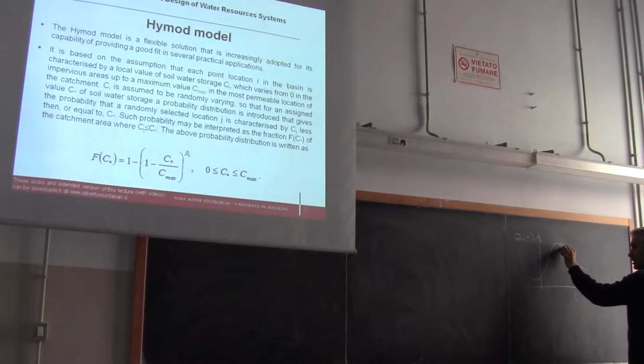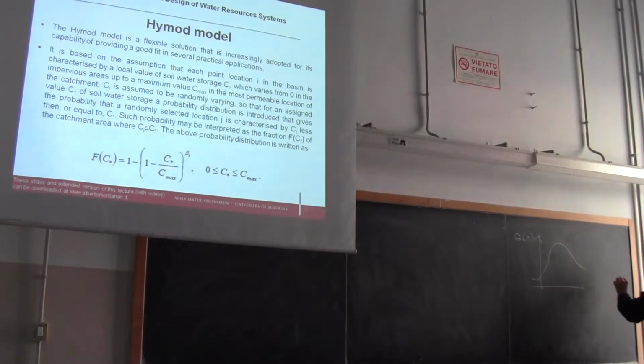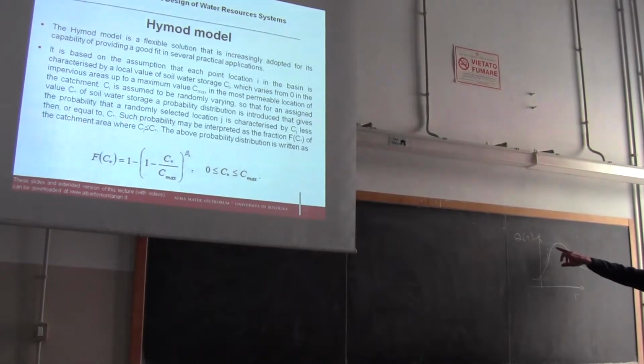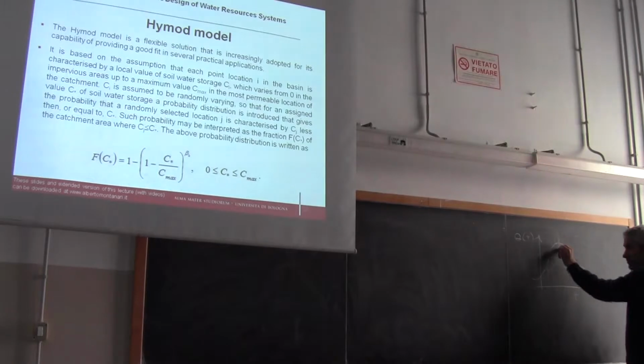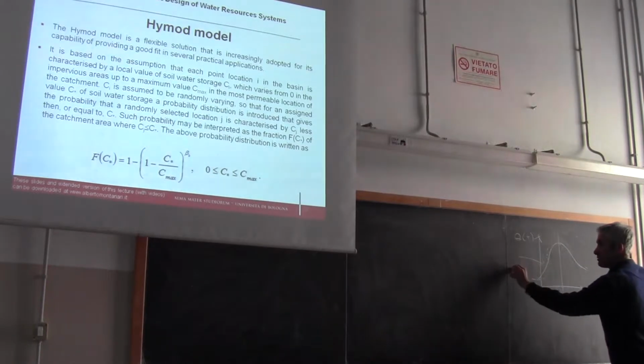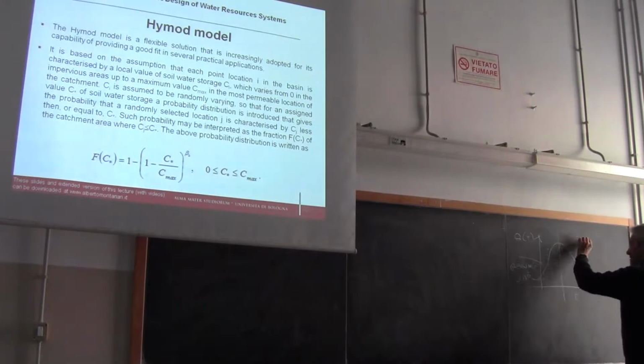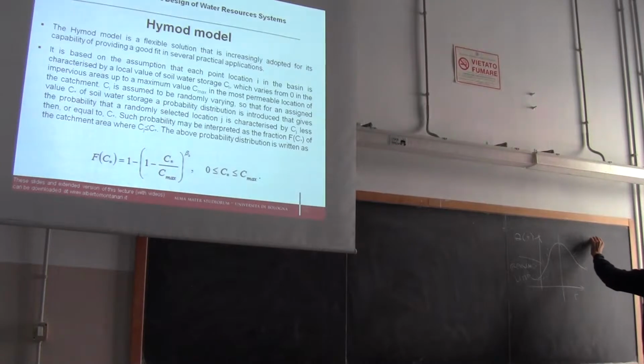And the same happens when you simulate the recessing limb. So instead of having a smooth behavior, there is a behavior characterized by sudden changes of the slope of the limbs. This is the raising limb, and this is the recessing limb.